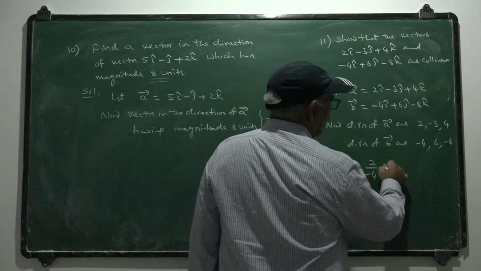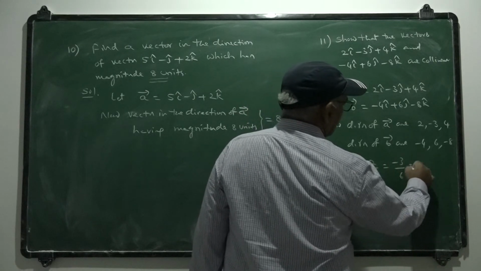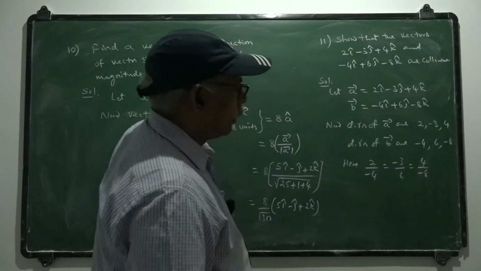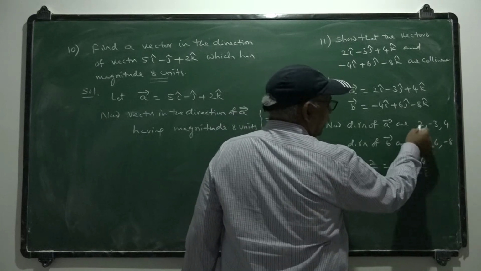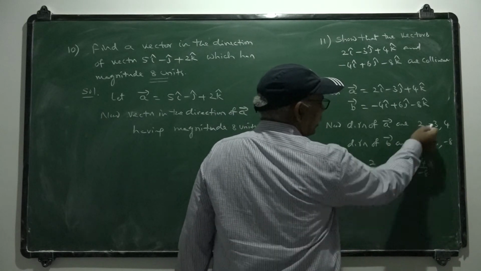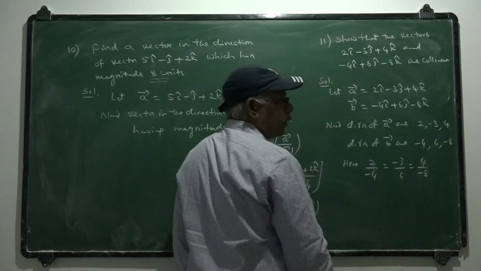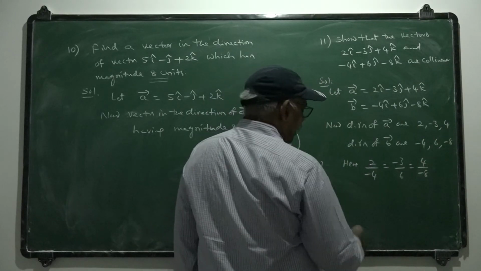Here 2 by minus 4 is the same as minus 3 by 6, which is the same as 4 by minus 8. These are proportional. 2 by minus 4 is the same as minus 3 by 6, and similarly that is equal to 4 by minus 8 itself.